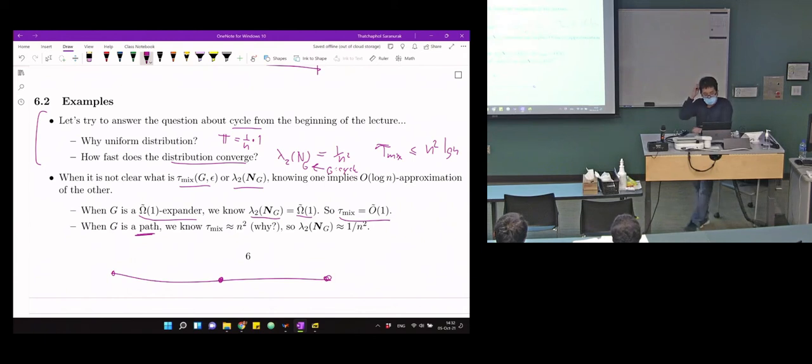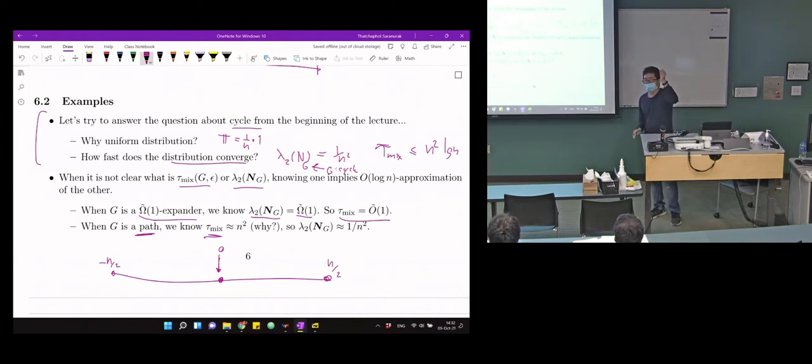And actually there is a good reason why the mixing time should be at least n squared. In a random walk, let's say you start at 0, and the other end is at n minus 1.